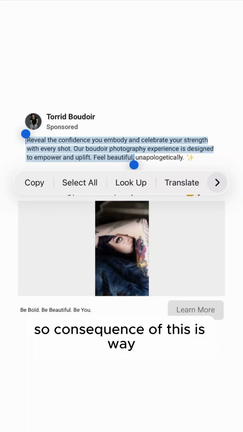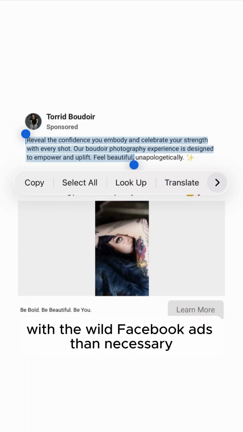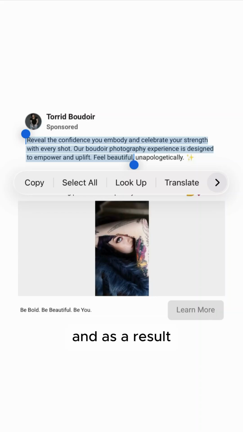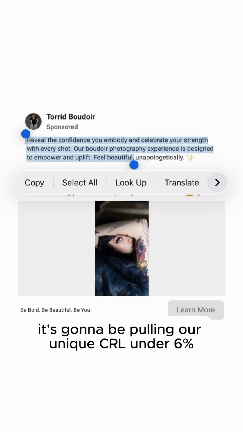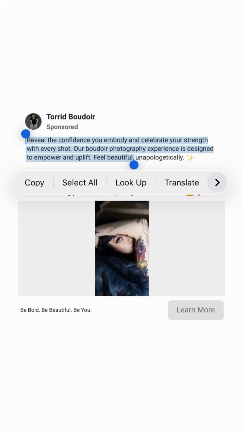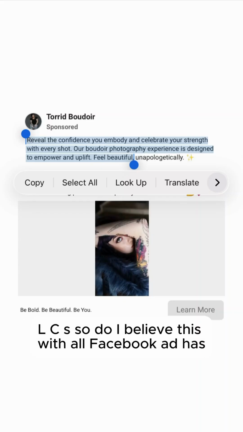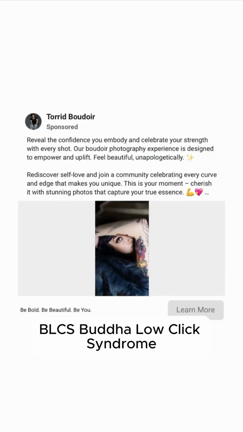The consequence is way more women will be scrolling by our Boudoir Facebook ads than necessary, and as a result, it's pulling our unique CTR all under 6% and increasing the probability that we have BLCS.